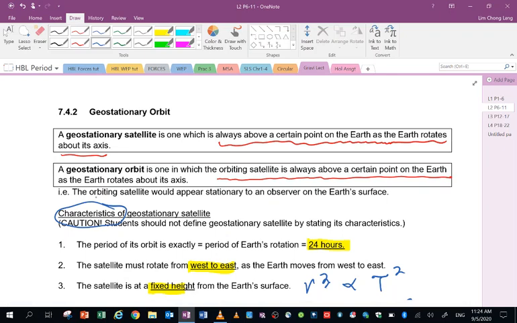Instead, you have to say it is a satellite which is always above a certain point on the Earth as the Earth rotates about its axis. This is the answer whenever you're asked what a geostationary satellite is. Do not give the characteristics. The characteristics are for your own understanding of what a geostationary satellite is.